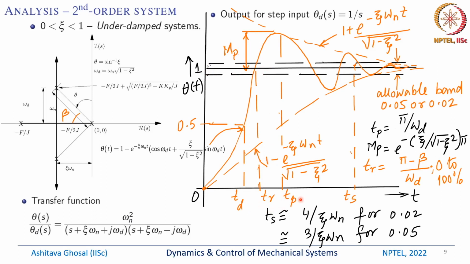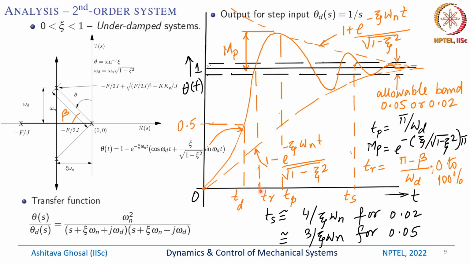This happens at a time Tp. We can also define 3 other times. One is Td, which is the delay time, and that is basically when theta of t reaches half of the input. Input is 1 here. So this happens at Td.